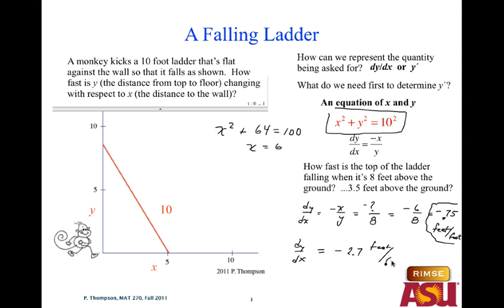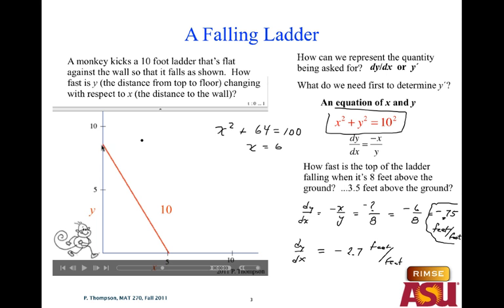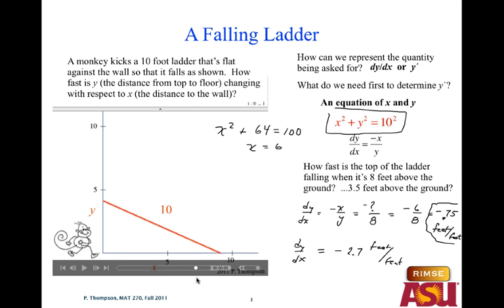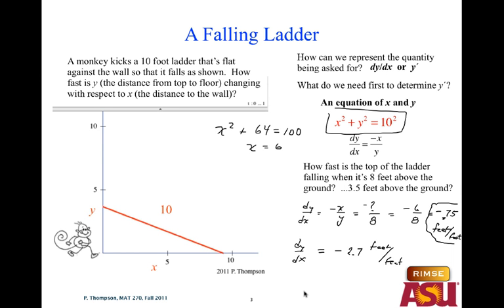What does that tell us about the rate of change? So when it was 8 feet, the rate of change was negative 3/4. And then down here, when we're at 3.5, the rate of change is negative 2.7 feet per feet.